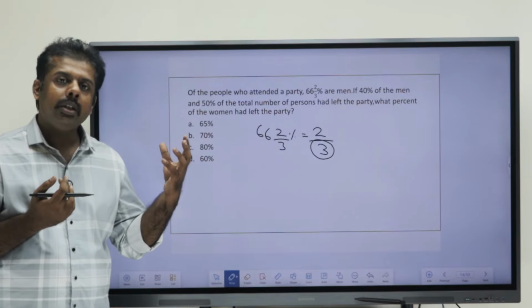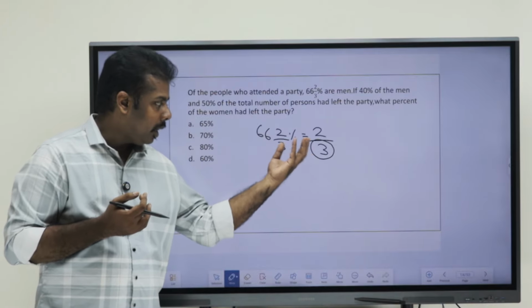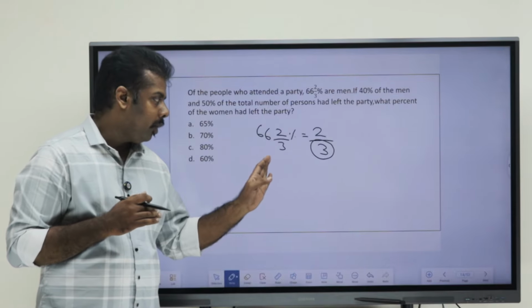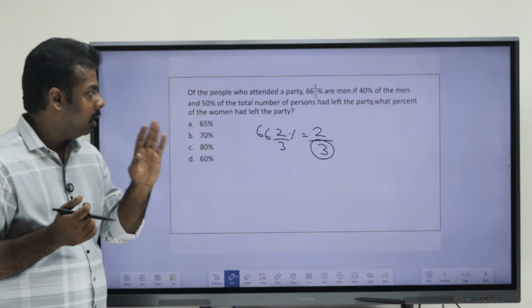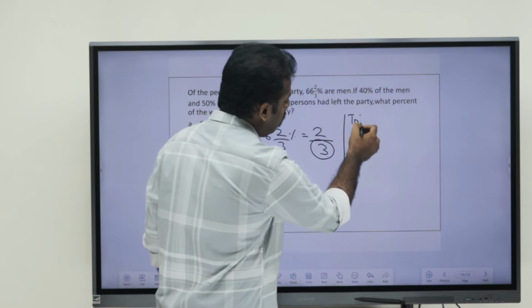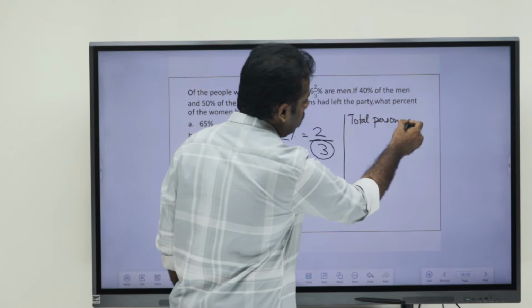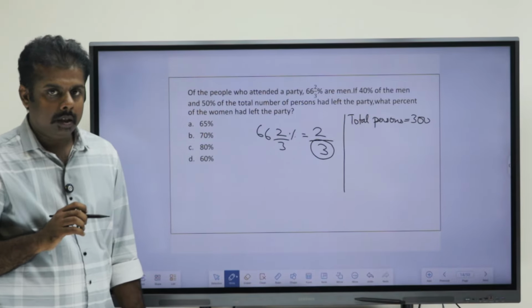So, we are just going to take a bigger value, but it has to be a multiple of 3, which we need to remember. So, we are going to take 300 as the total number of persons. Okay. The first step is that we take the total persons as 300. I hope that you got the concept of how we are taking it as 300. Okay.